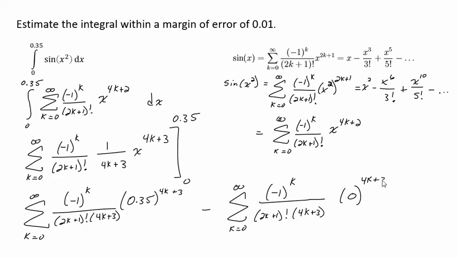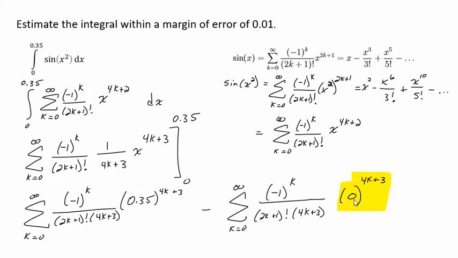Because if I take this sum right here, if I let k equal 0, I'm going to get some constant here, but this piece is always going to be 0, no matter what k is. So my first term when k is 0 is going to be some constant times 0.